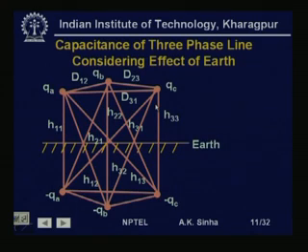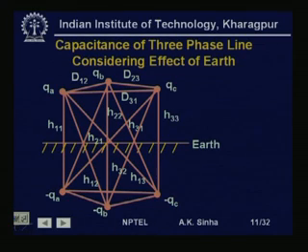Now, we will talk about the capacitance of a three phase line considering the effect of earth. Here we have three conductors A, B and C placed at positions 1, 2 and 3.